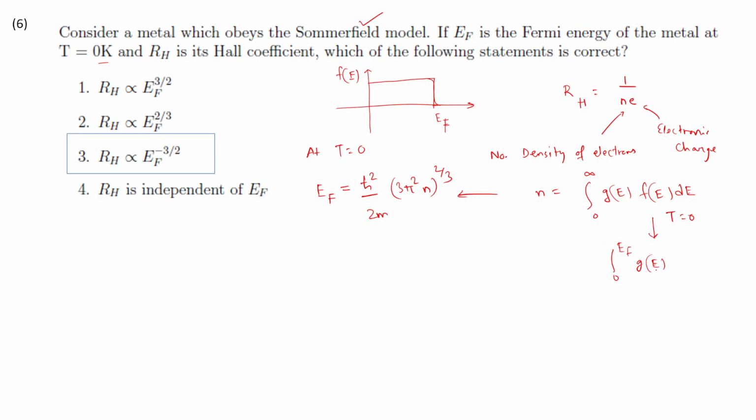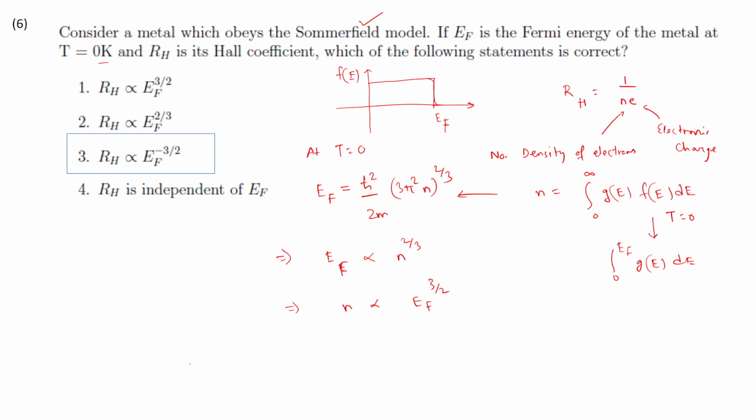So the integral of g(E) dE. If you calculate this, you will get your desired result. So basically the point is EF, or the Fermi energy, is directly proportional to n to the power 2 by 3, or conversely n is directly proportional to EF to the power 3 by 2.